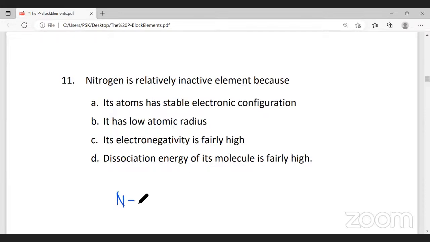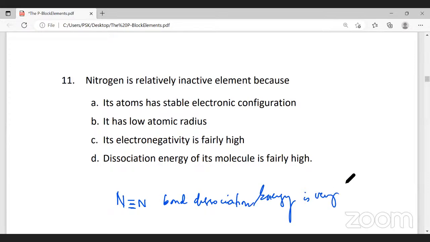In the nitrogen molecule, each nitrogen atom is held by 3 bonds, a triple bond. Since the nitrogen atoms are held by a triple bond, bond dissociation energy is very high.